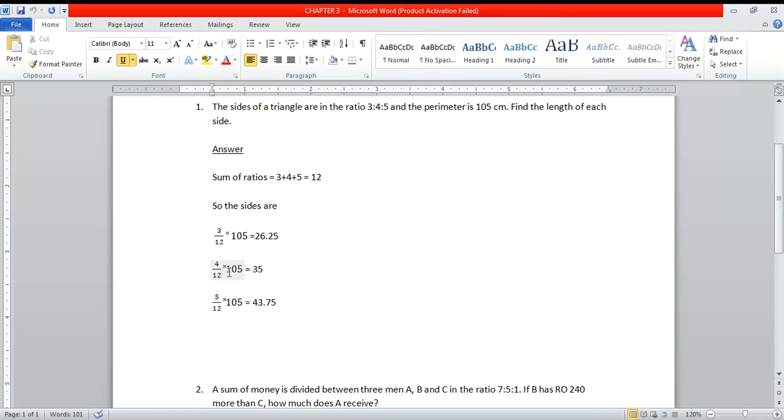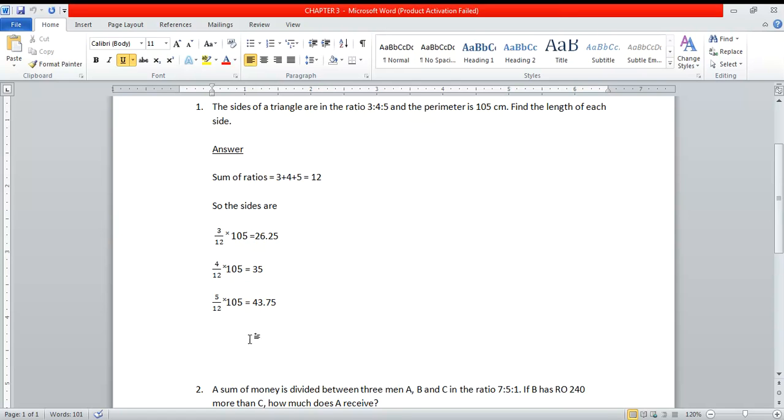In the same way, the ratio of the second side is 4, so 4 by 12 into 105 gives the second side. In the same way, we can find the third side because the ratio of the third side is 5, so 5 by 12 into 105.